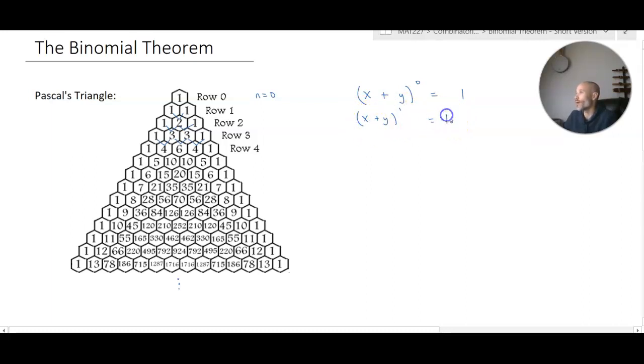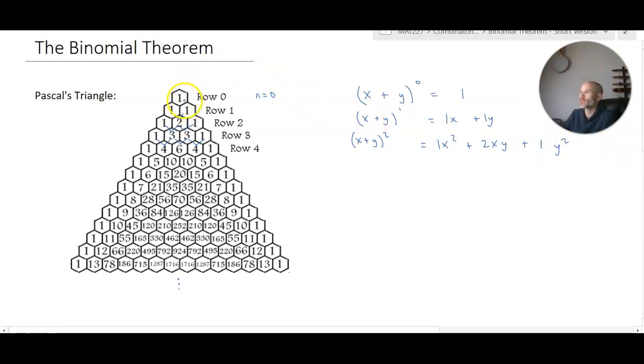I'm going to write that as 1x plus 1y. Now, if we do x plus y squared, we have to FOIL this. It's not just x squared plus y squared. It's x plus y times x plus y. And if you FOIL that out, you'll get 1x squared plus 2xy plus 1y squared.